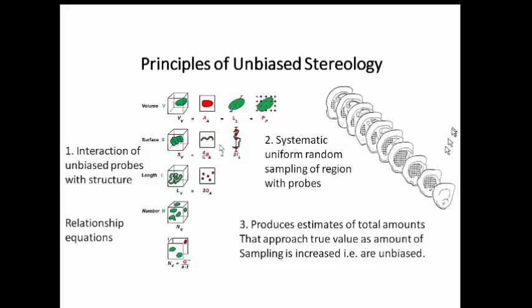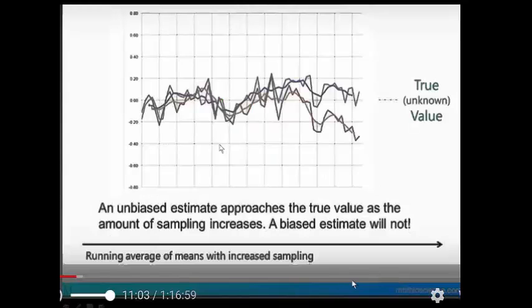And one thing that I will emphasize during the course is that when you do use the proper combination of probe and sampling scheme, you can produce estimates of total amounts that approach the true value as you increase the amount of sampling. This is the so-called definition of unbiased.